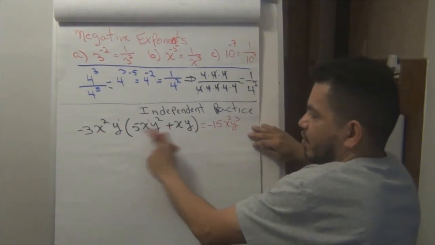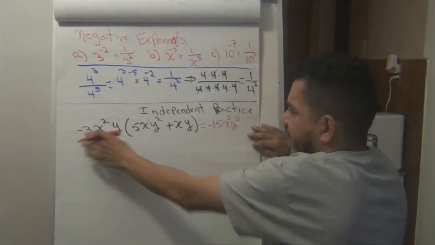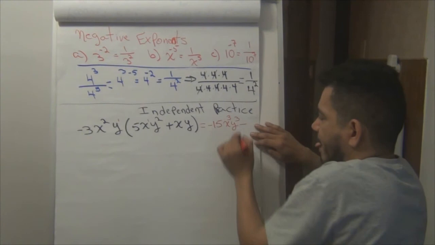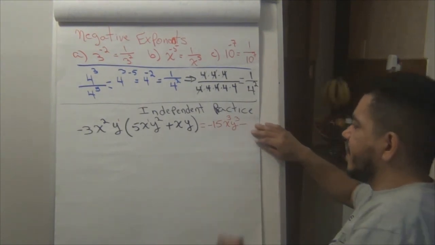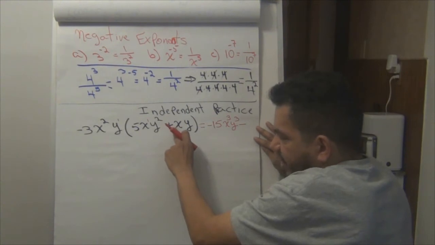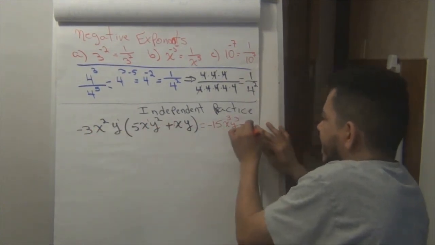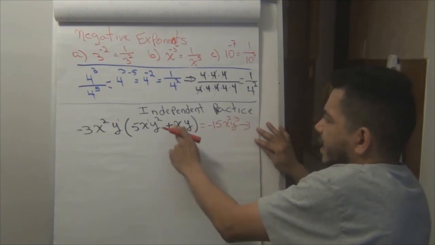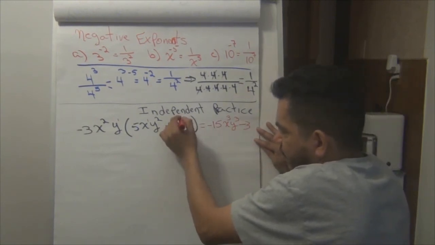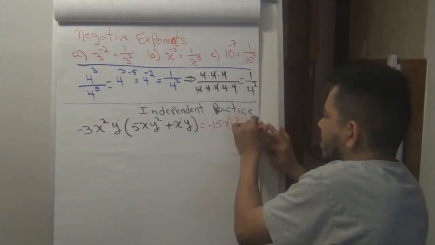Okay, I multiplied by this one, now I'm going to multiply by this one. Negative times positive is negative. And I don't think it's going to fit, but I'm going to try. There is no number here, that means that this is an invisible one. So negative 3 times 1 is negative 3. X to the first power times x to the second power is x to the third power.